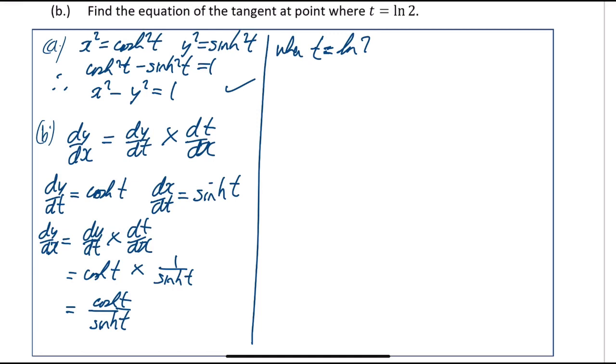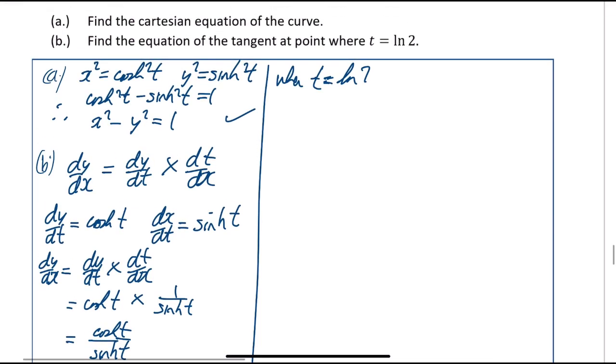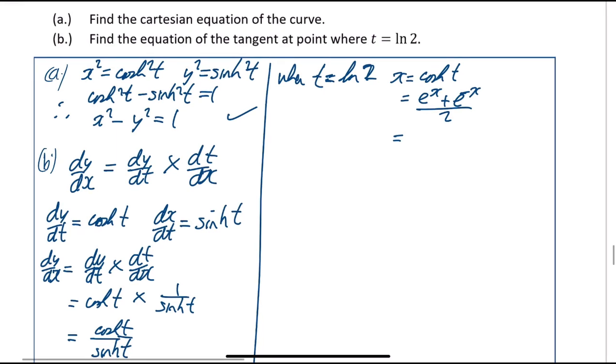So your x value, first of all, is going to be equal to the hyperbolic cos of t, which is the same as e to the x plus e to the minus x all over 2, which works out to be a half times e to the ln of 2 plus e to the minus ln of 2.